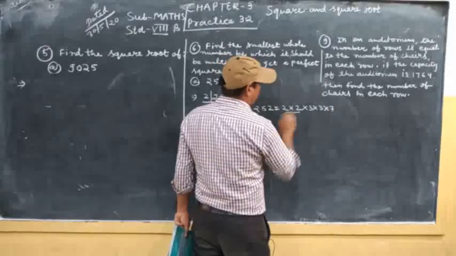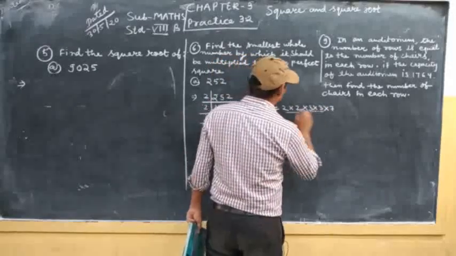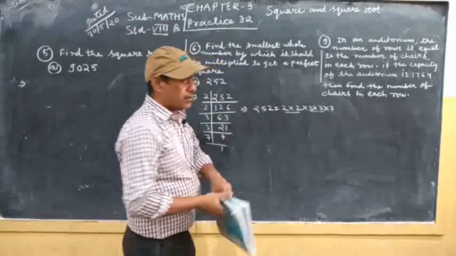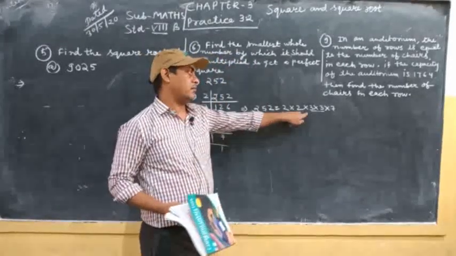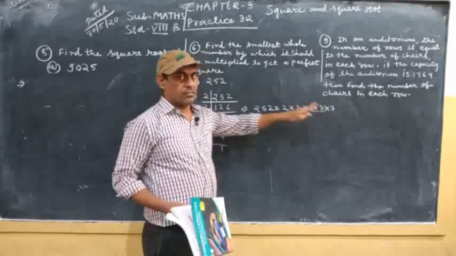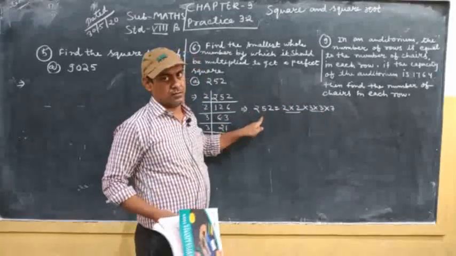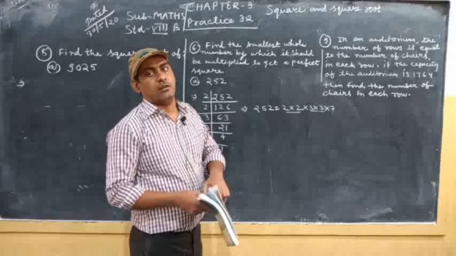We just pair off the factors of this number. Here we see that there are pairs of 2 and 3 but not 7. So we multiply this number by 7 to get a perfect square number.